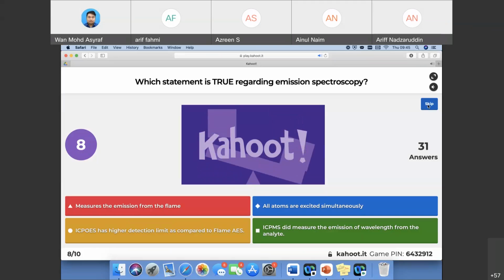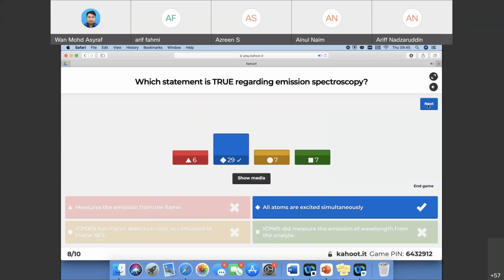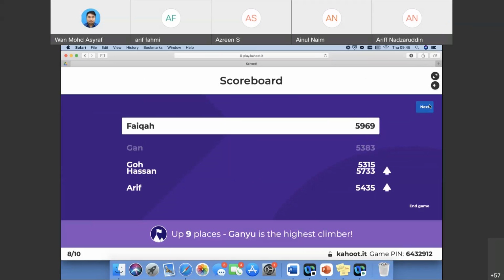Alright, the correct answer is that all atoms are excited simultaneously in emission spectroscopy. So who is the highest? Oh, Faika again. Good job, Faika.